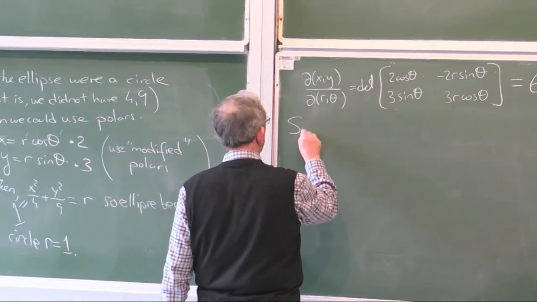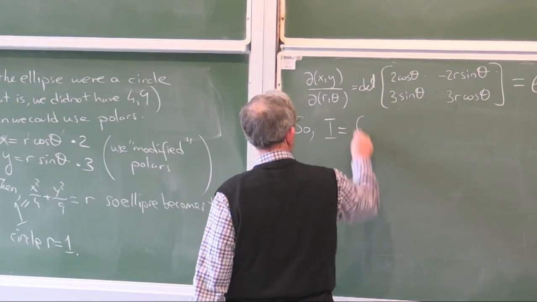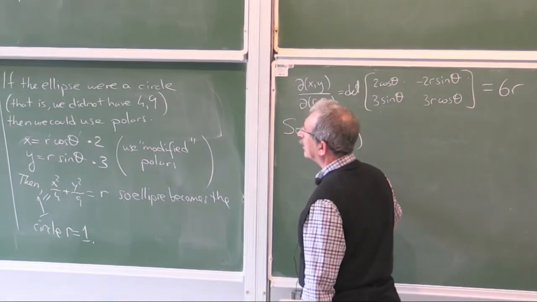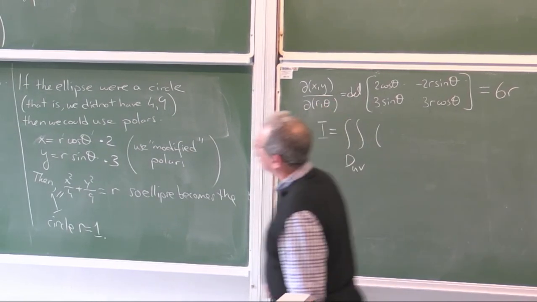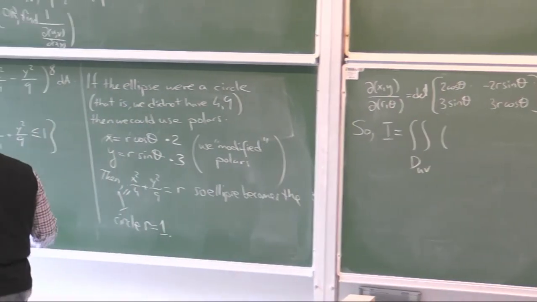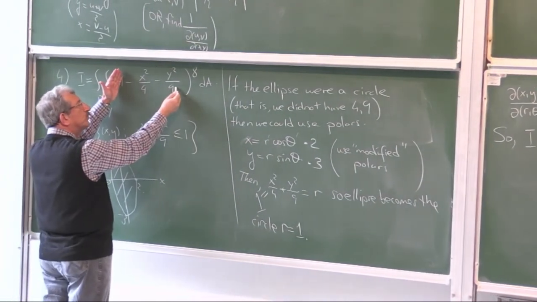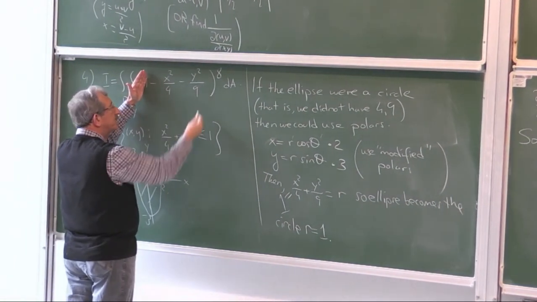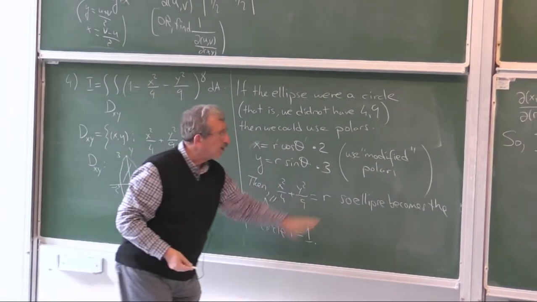So the integral becomes the integral over D of, well, here we have 1 minus the sum of these two squares, which is exactly from this calculation equal to r.